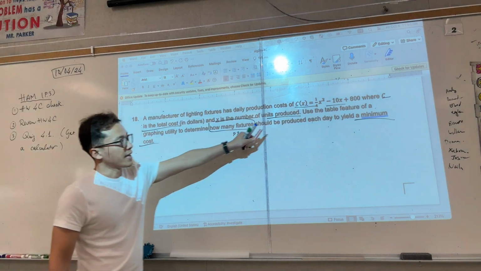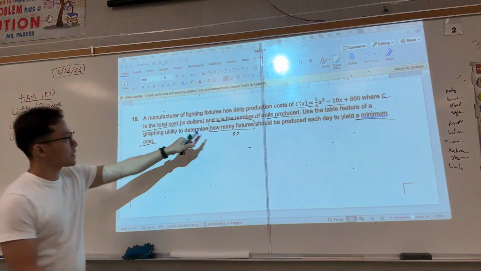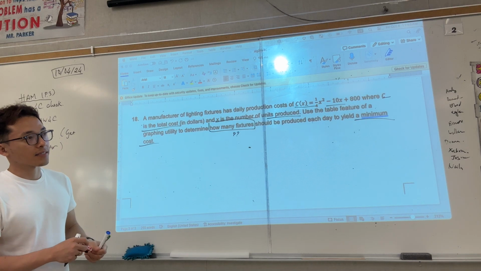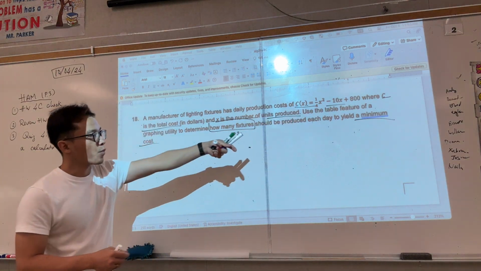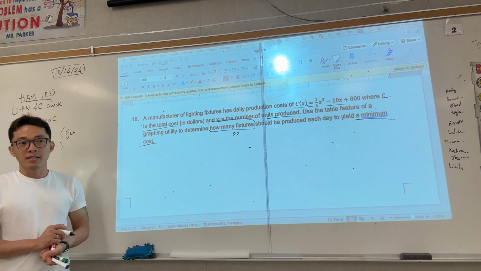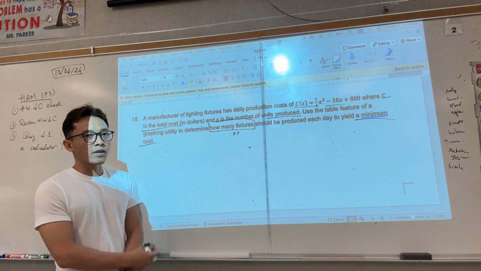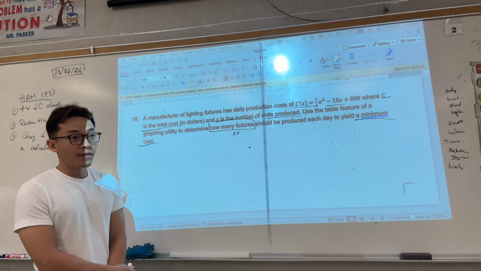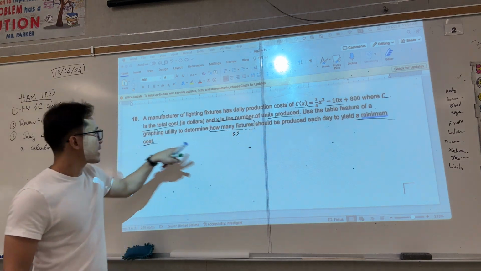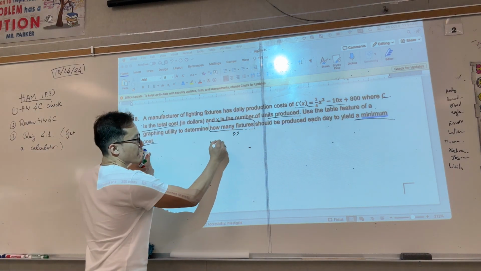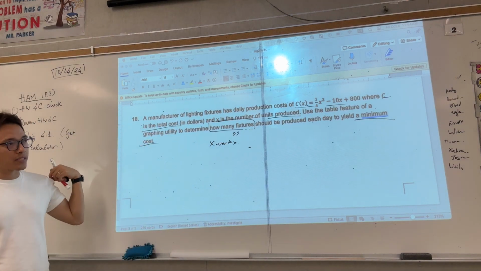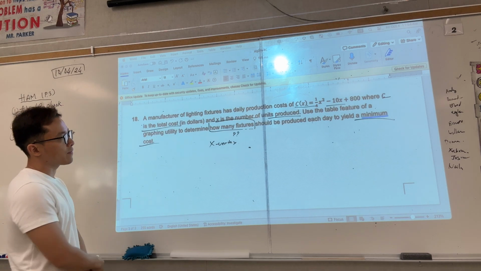Because x in this case is the number of units produced, and y is the cost. So they're talking about a minimum cost again. Minimum, maximum, they're talking about the vertex. But is it the x vertex or the y vertex? X vertex. They're asking about how many units are produced, not the cost. So they're asking for the x vertex. Do you see the process I'm doing? You just need to do exactly the same, and you can get the whole problem very easily.